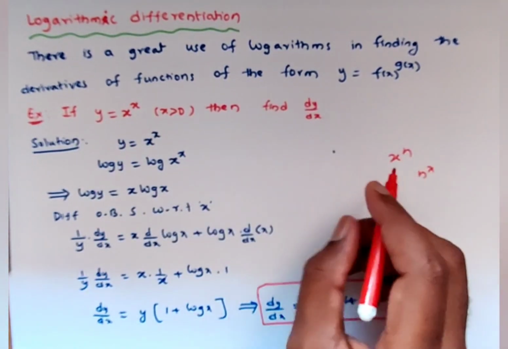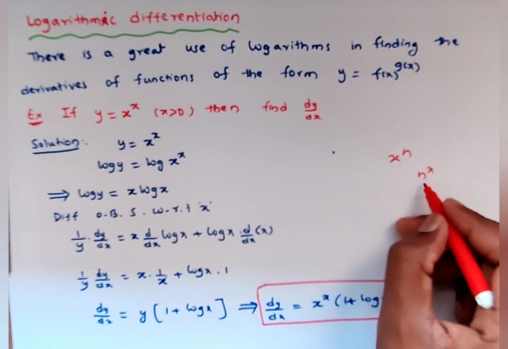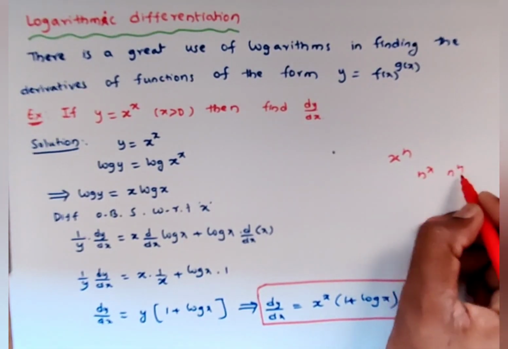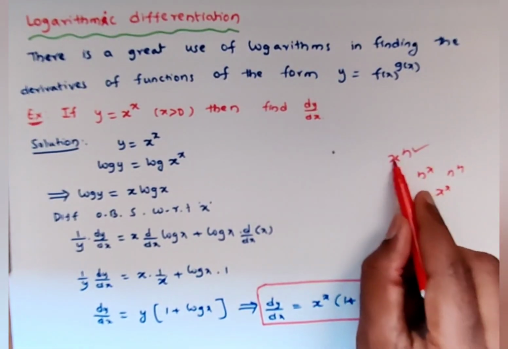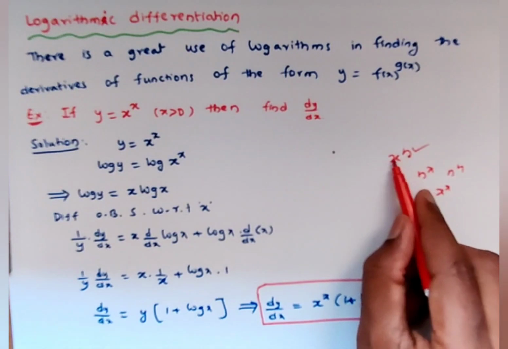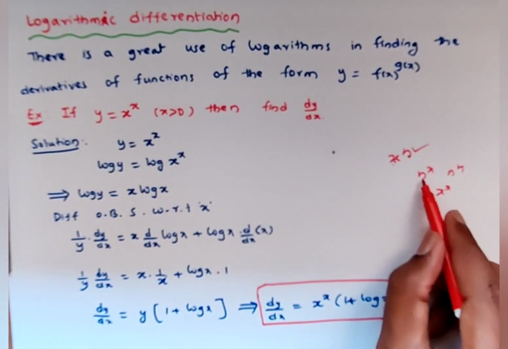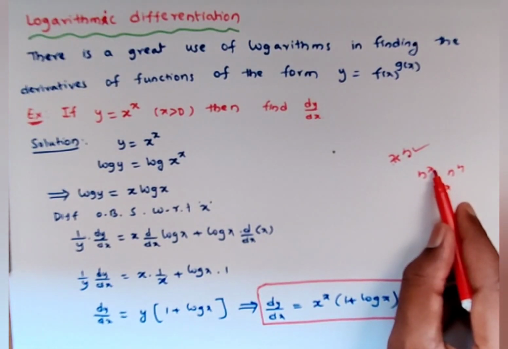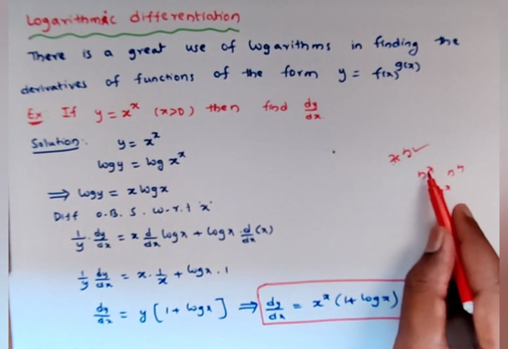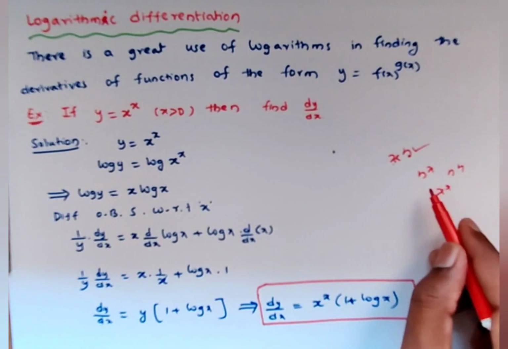So here we can create 4 cases: x to the power of n, n to the power of x, n to the power of n, and x to the power of x. We know the formula for the first ones. Where the base is variable and the power is constant, it is n into x to the power of n minus 1. For n to the power of x, the base is constant and the power is variable, therefore it is n to the power of x into log of n.